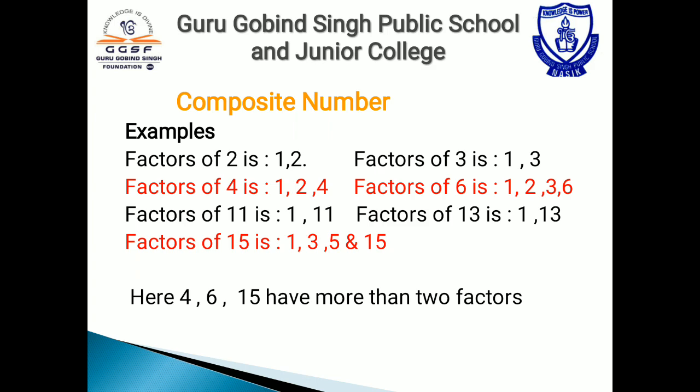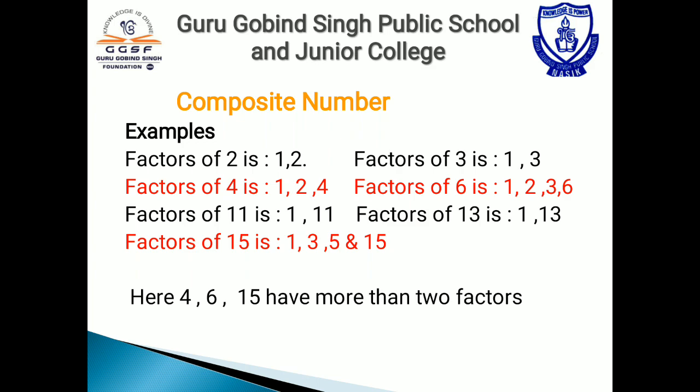Second is composite numbers. Now again, if we compare the examples, the factors of 2, 4, 11, 15, 3, 6 and 13, what we observe is that the numbers 4, 6 and 15 have more than two factors.